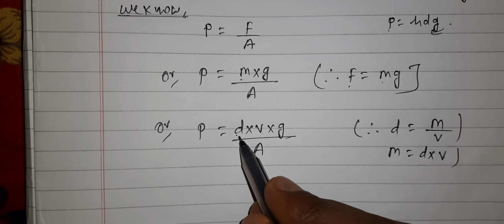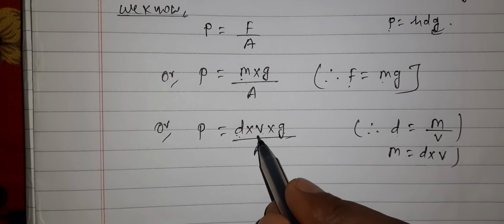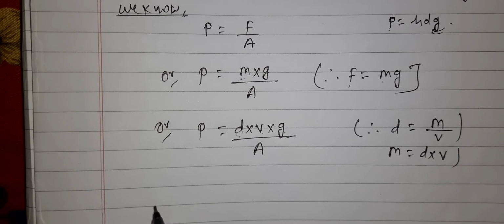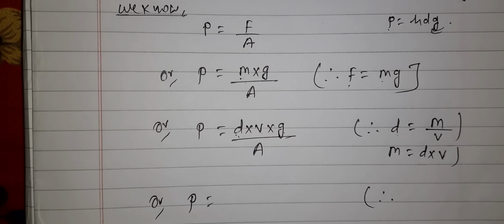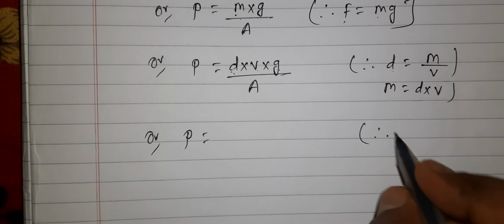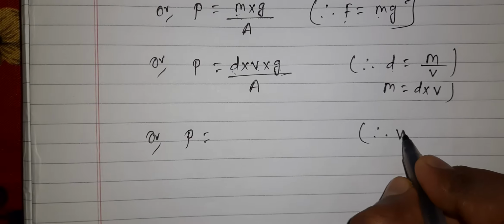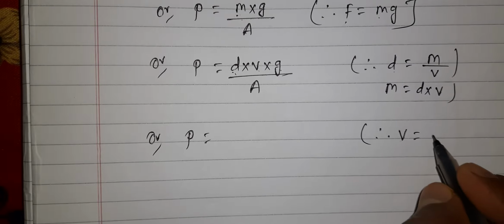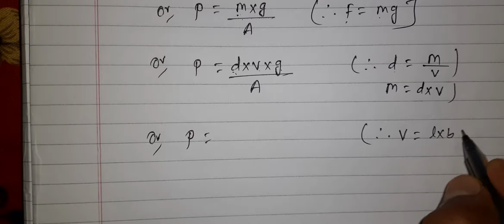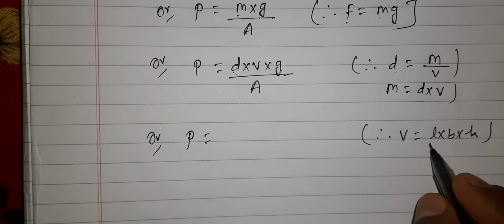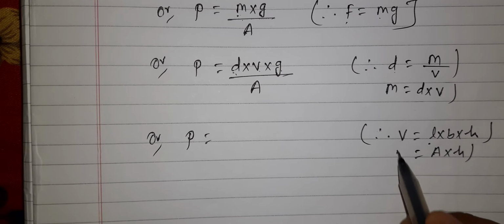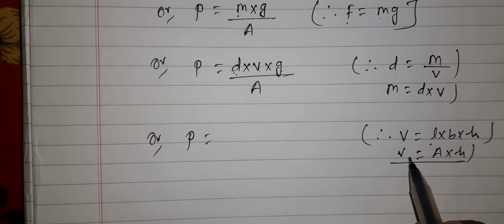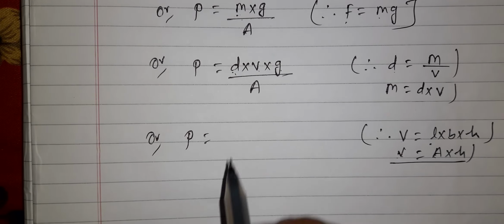Now d we need, g also we need, but we have to remove this v. So let's see, we also know the formula of volume. What is the formula of volume? That is L into B into H. So L into B indicates area, into height. So can we write the formula of V is equal to A into H here?